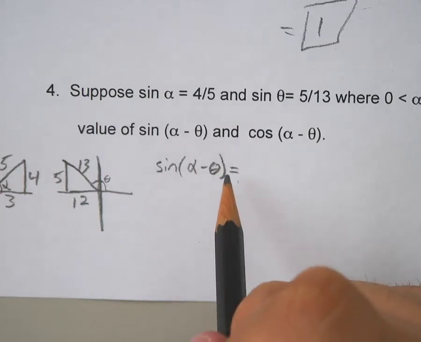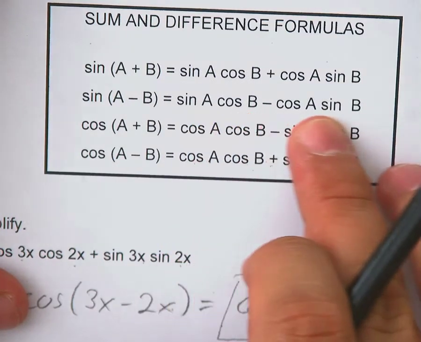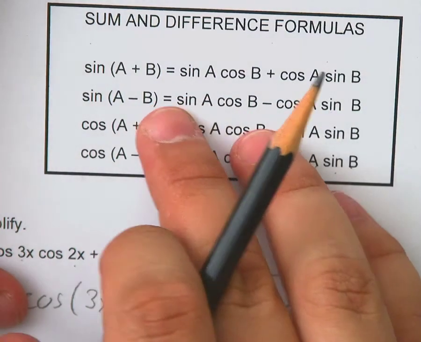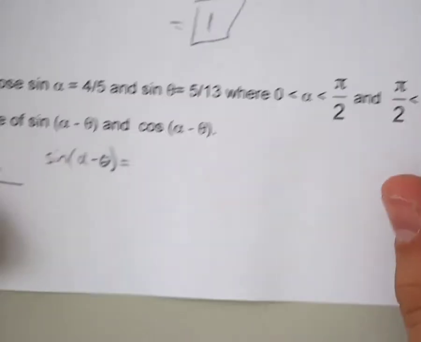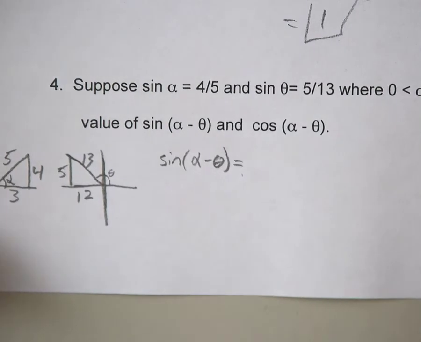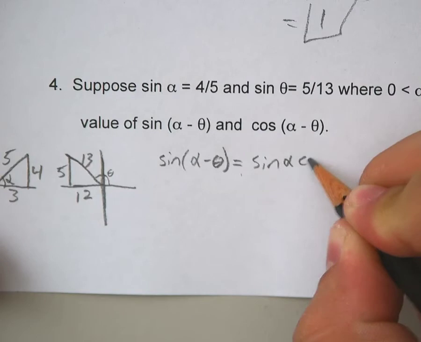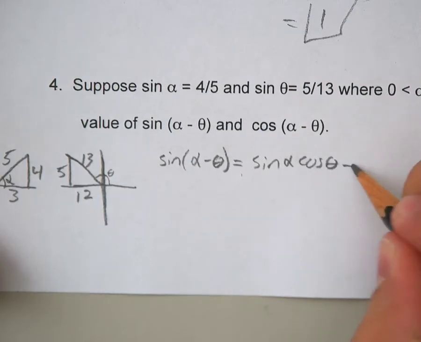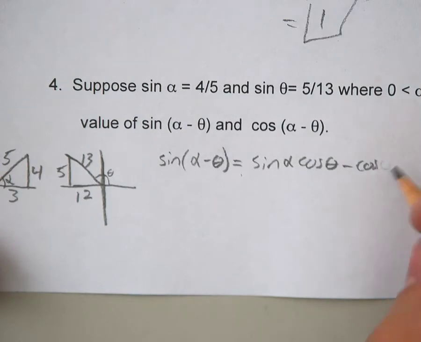I'm going to go back up to the top, and I'm going to use sine of A minus B, and I'm going to expand it to sine A cosine B minus cosine A sine B. Here's what it's going to look like. The sine of alpha minus theta is going to be sine alpha cosine theta minus cosine alpha sine theta.